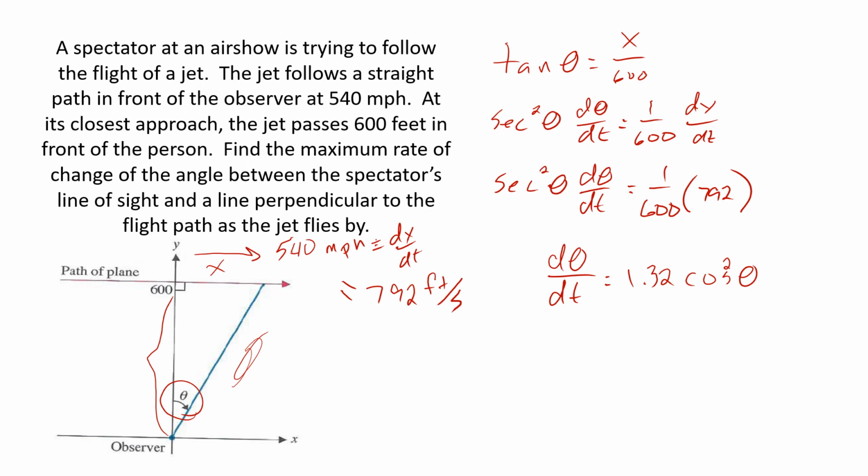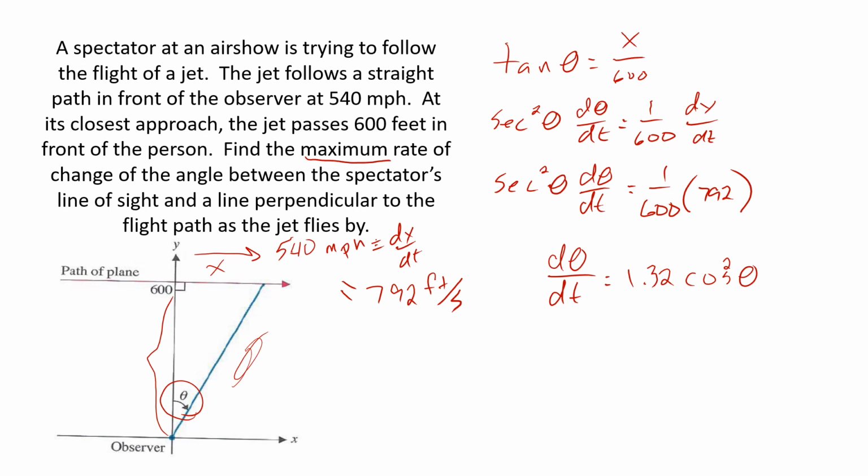Now we're looking for the maximum rate. The d theta over dt is the rate. It's not a constant rate. It's not just 1.32 because that cosine's moving. But doesn't it make sense that the d theta over dt is going to be the biggest when the cosine squared is the biggest that it can be? And the nice thing about sines and cosines is the biggest they can be is 1.